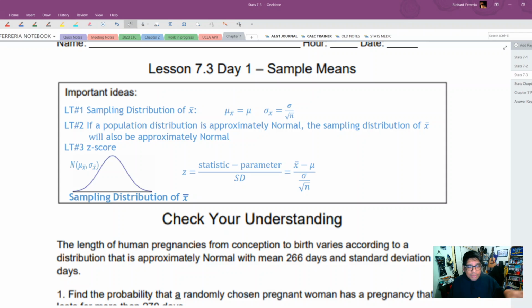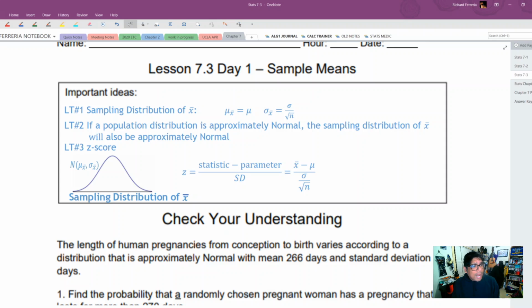If we took all of the samples of size 5 that we could possibly think of, and we plotted their averages on a dot plot, we would produce a dot plot that's approximately normal if the population was approximately normal. Standard deviation would be the standard deviation of the population divided by the square root of the sample size. And of course, the center of that sampling distribution would be the average of the population.